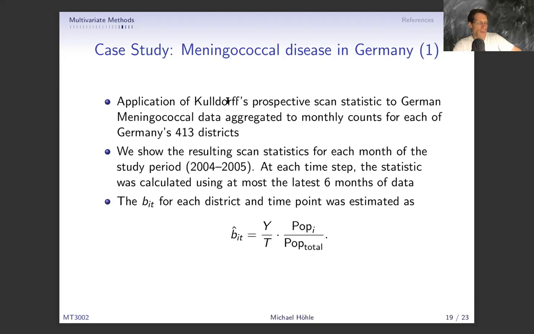That's something which they do at the National Reference Laboratory for Meningococcal Disease. And we will use monthly data, because there are not really that many counts, and there are quite some counties in Germany. I think we have about 800 and 600 cases in total for the period of time that we are looking at. So it's not really a large number of cases. So we use months, and many of these districts will have 0 counts.